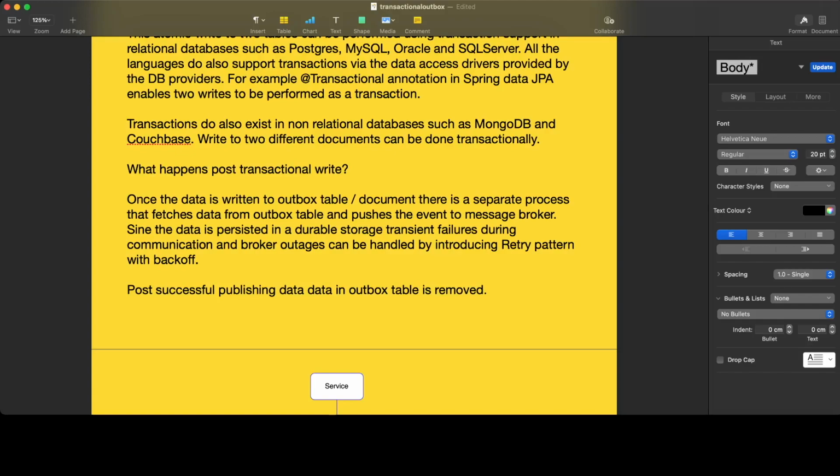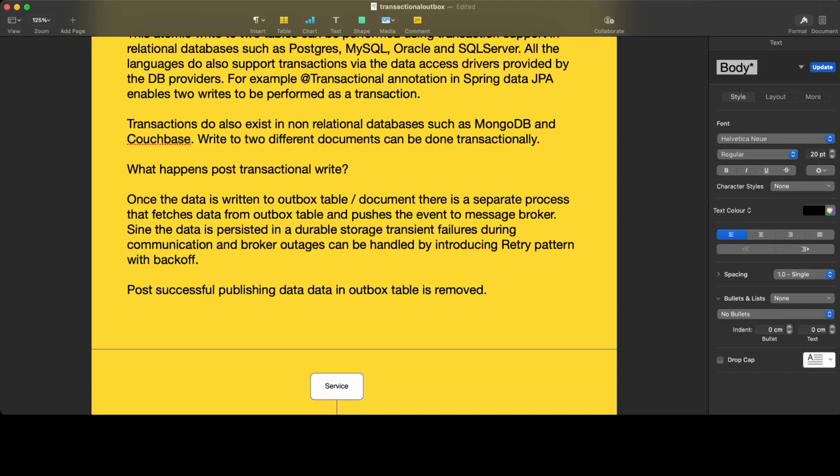What is the benefit of it? Whenever a transient failure happens during notification, for example, if we are not able to notify because of a network glitch, a network partition, or a transient unavailability of the eventing system because it is experiencing heavy load, we can implement a retry pattern.